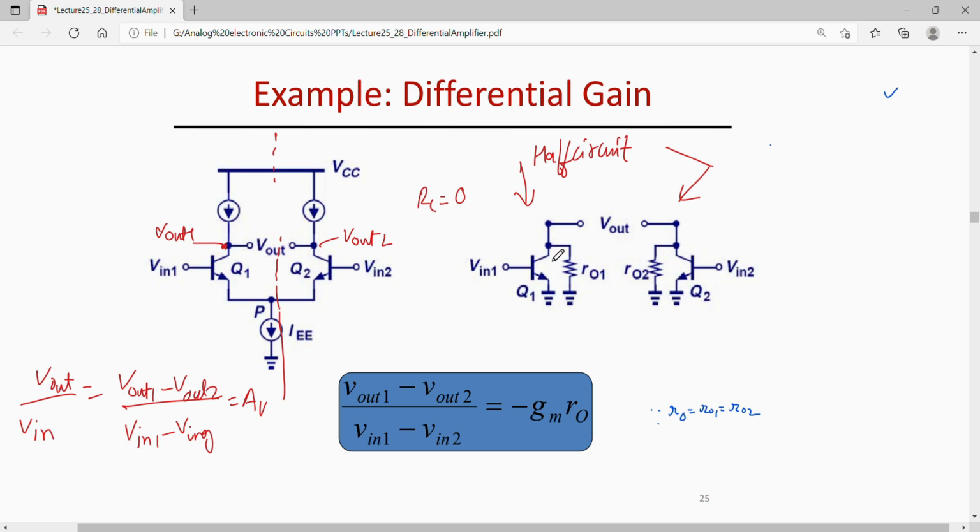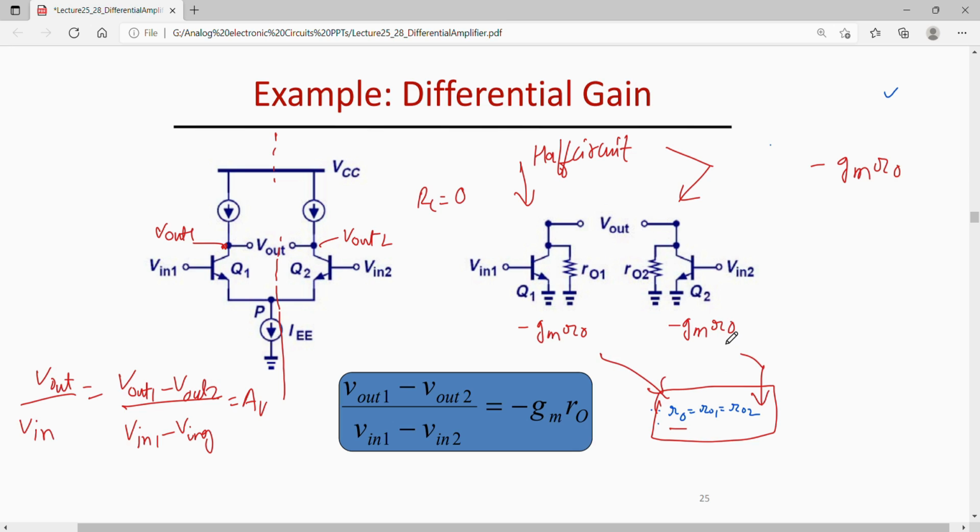So we have only RO1 and RO2 associated. Since I said that these two transistors are identical, RO1 and RO2 should also be equal, let us say equal to RO. So the gain of this circuit would be minus GM times RO, for both these two circuits, considering RO1 is equal to RO2.